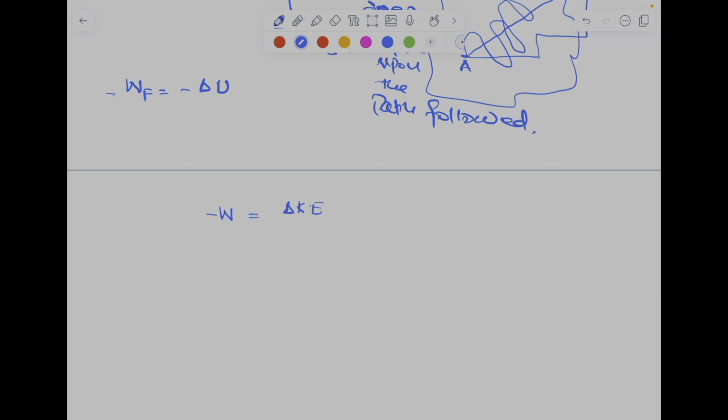So we can say that this is nothing but the kinetic energy at 2 minus kinetic energy at 1, and you have a work done by the conservative force is dU, meaning potential energy at 2 minus potential energy at 1.